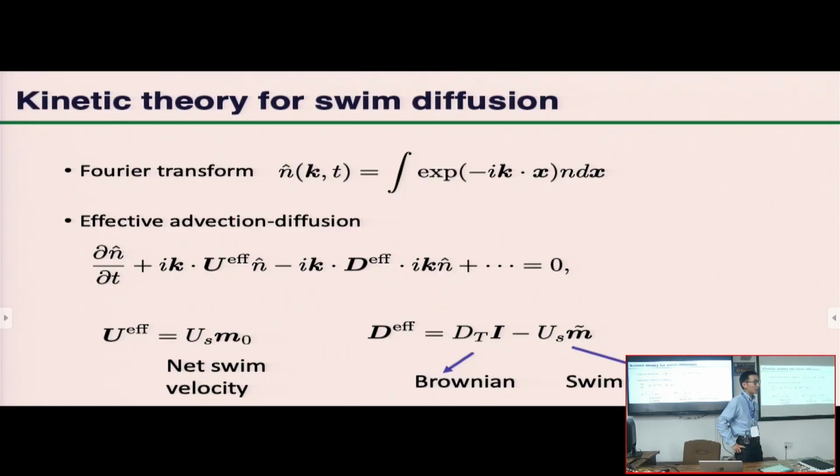M naught is the average polar order in the system. M tilde is the fluctuating polar order, so that's what you're left with after removing m naught, the fluctuation. So the point is that the average polar order gives you the average swimming velocity, and the fluctuations give you the diffusion.